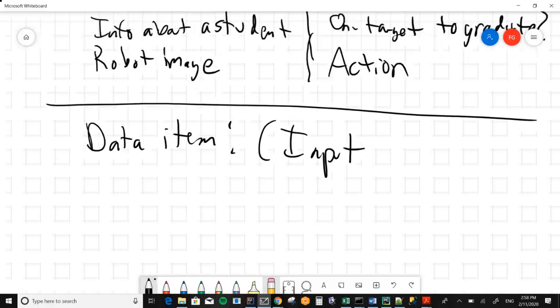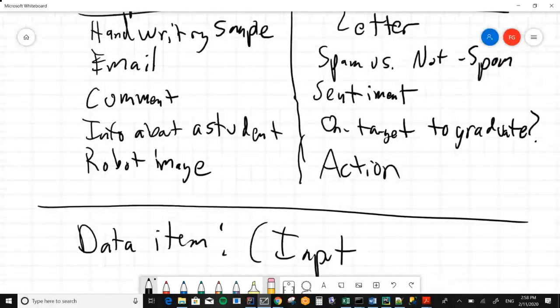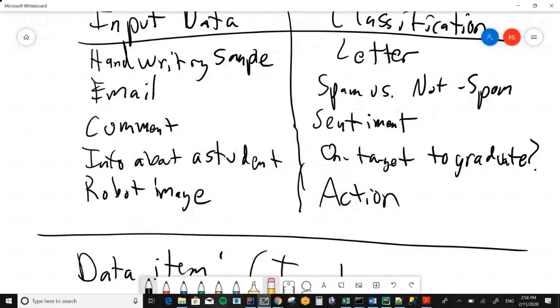And if you look at all of these things, I think you can see in a straightforward way how we could represent them as data structures, right? So handwriting sample, robot image, two-dimensional array. That's the data structure. The email, the comment, string.